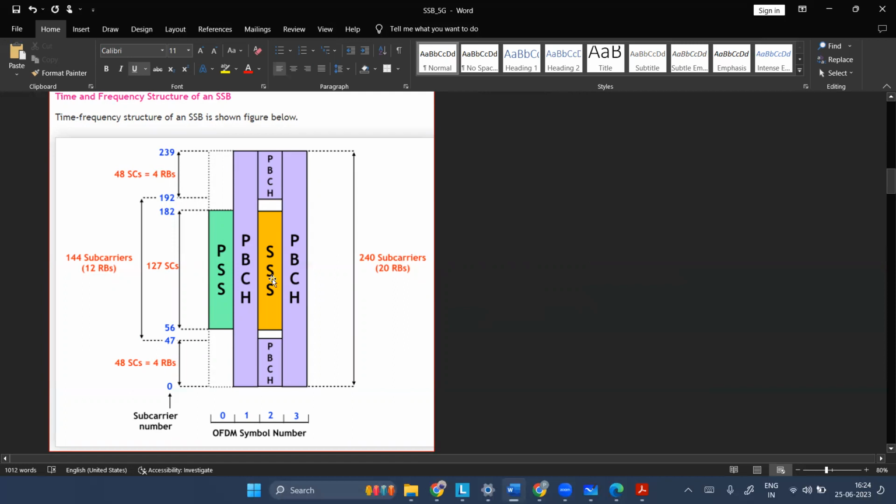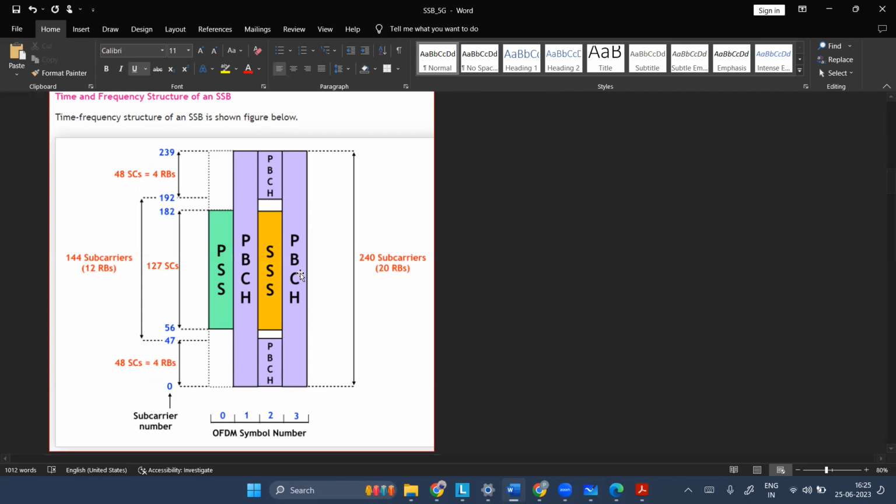Then SSS, also across 127 subcarriers. Then there is some guard band up there and down there, with some difference between the upper and lower guard band because of different subcarriers, and then PBCH for the rest of the subcarriers. Lastly, you have PBCH again across 240 subcarriers.